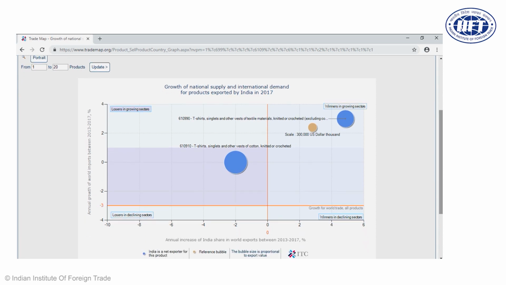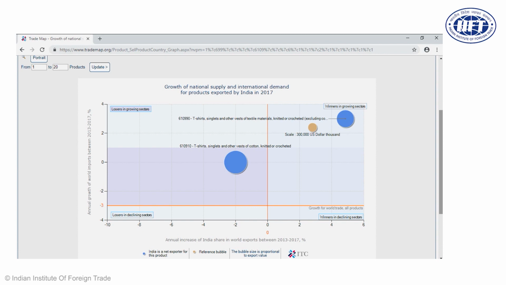an output by which products are shown in 4 different boxes. There is a red vertical line starting from 0, which shows that on the right hand side of that are products where India's share in world market is increasing. That means India is increasing competitiveness.